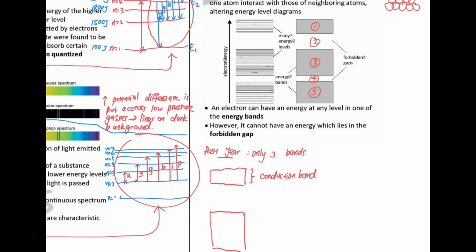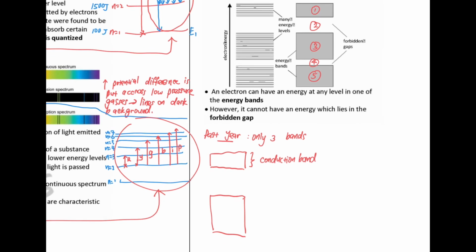The charge is moving, so they need to go to the conduction band in order to move freely. If they are not in the conduction band, they are attracted by the nucleus, so they are not moving freely. So the conduction band is related to electrical conductivity.